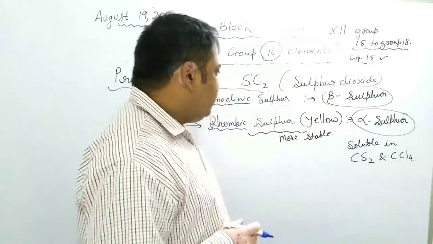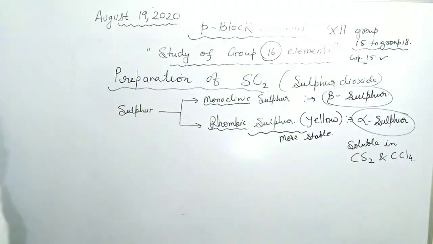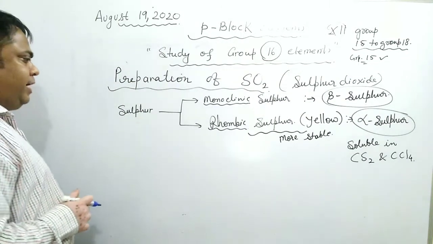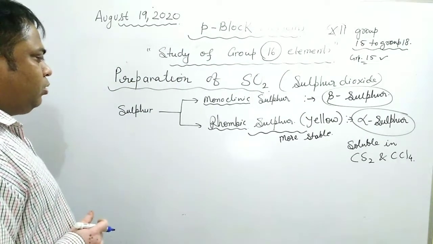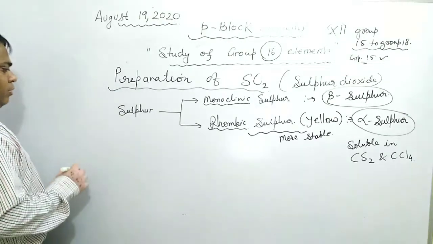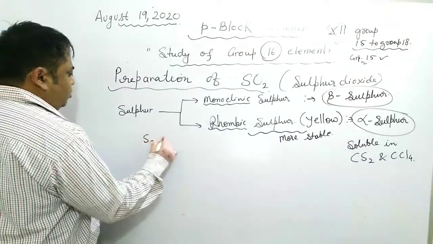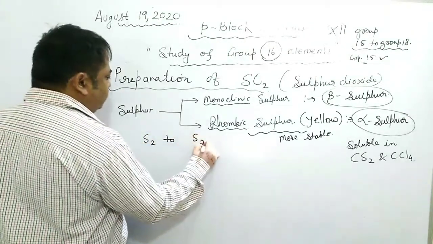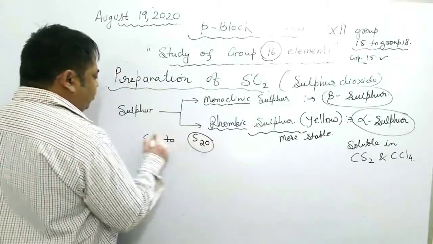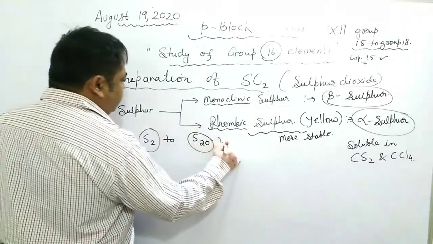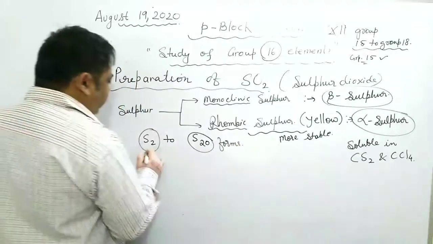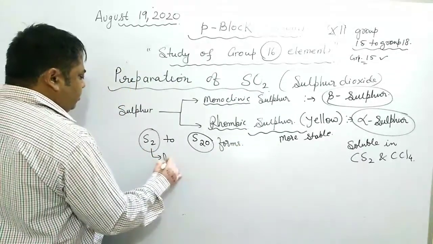Now it is not that sulfur only exists as monoclinic sulfur or rhombic sulfur. Sulfur has the ability to undergo catenation and it can form S2 to even S20 forms. S2 is highly unstable.